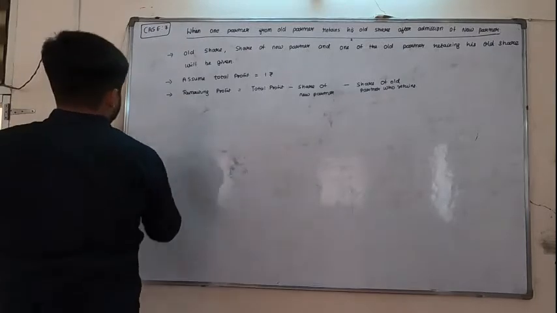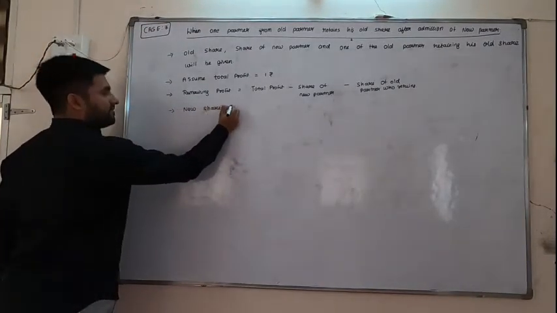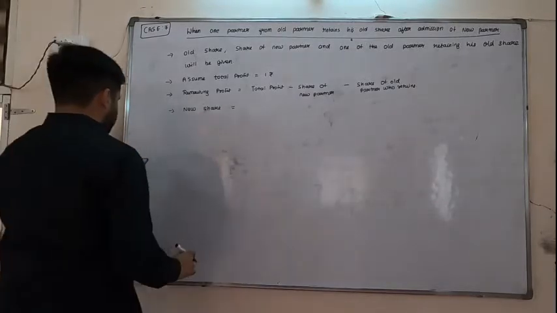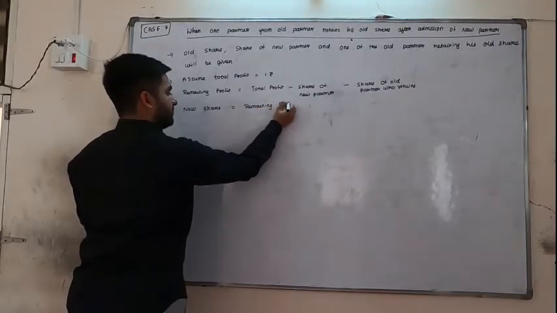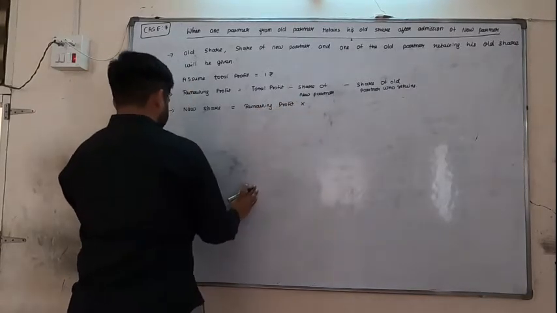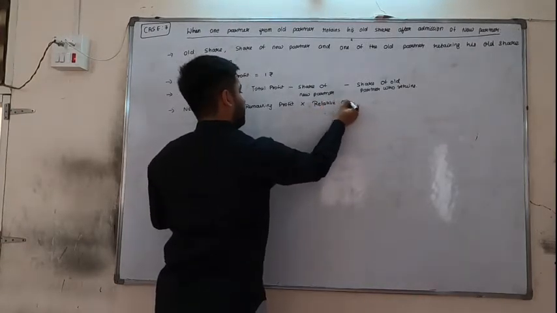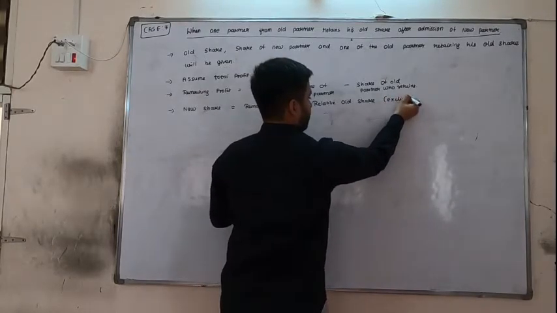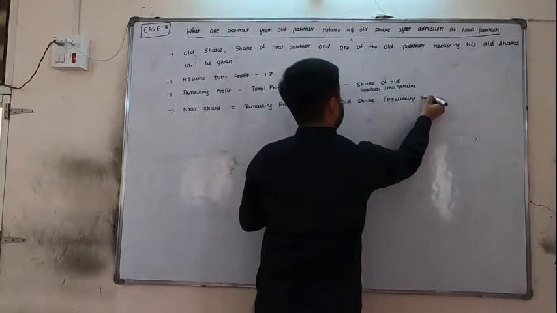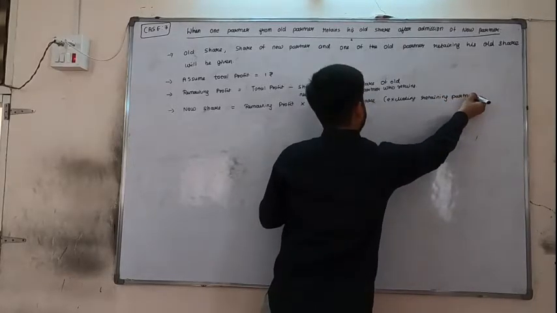Now after that, in case 1 and in case 2 we were finding the new share. Here also the same thing. New share is equal to remaining profit multiply relative old share excluding retaining partner.